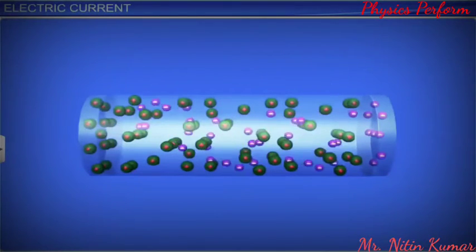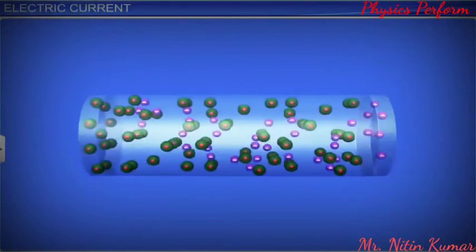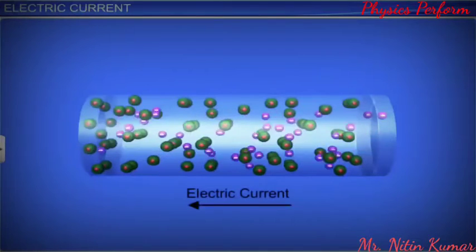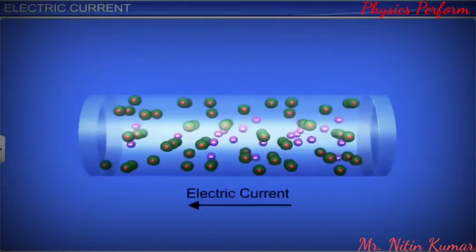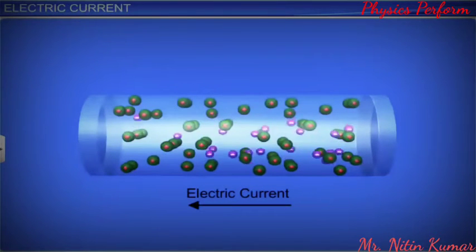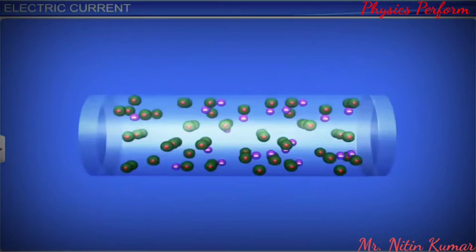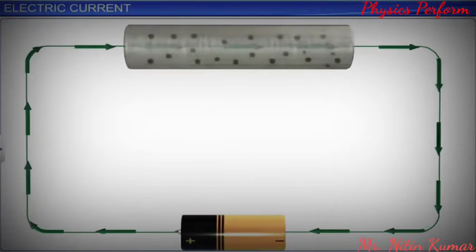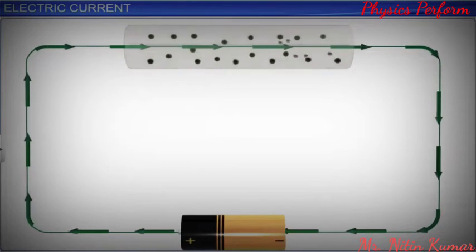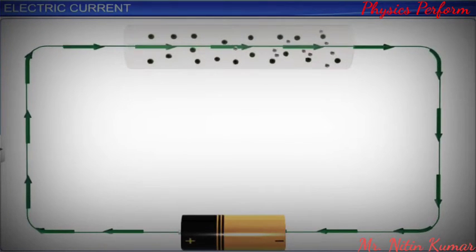This electric current exists only for a very short time, that is, till the charges are neutralized. We can attach the two ends of a battery or a cell to the two discs to maintain a steady electric field and thereby obtain a steady current.